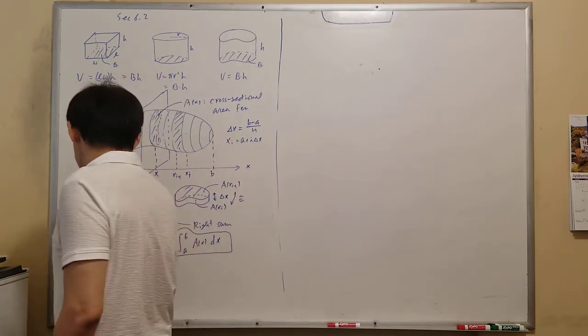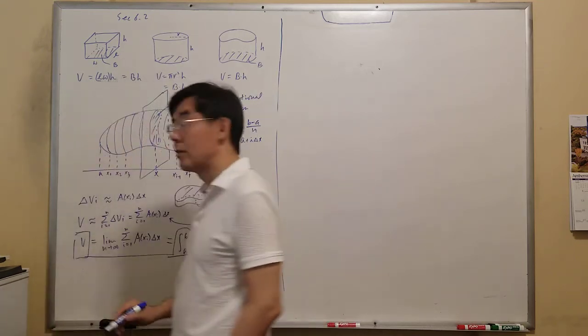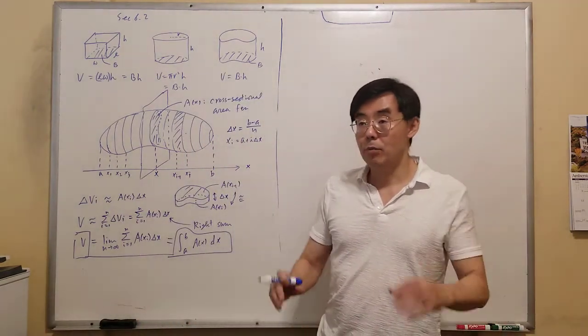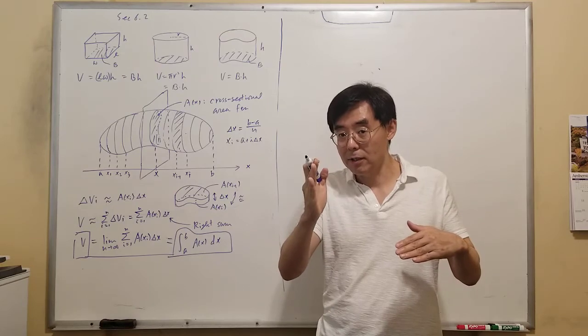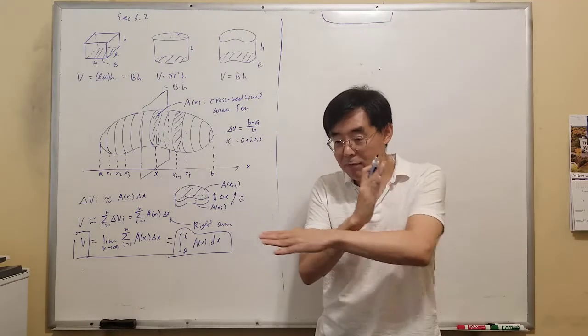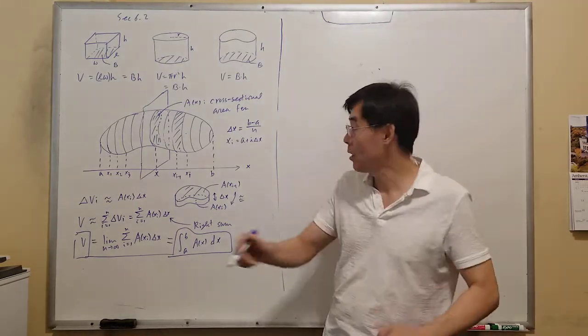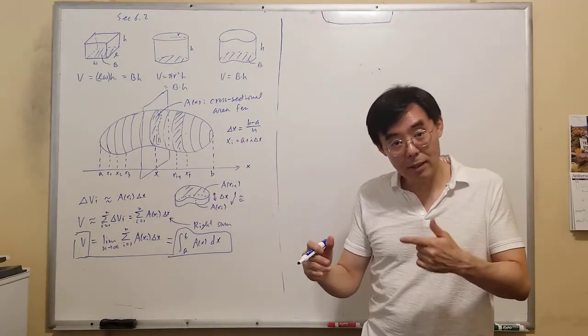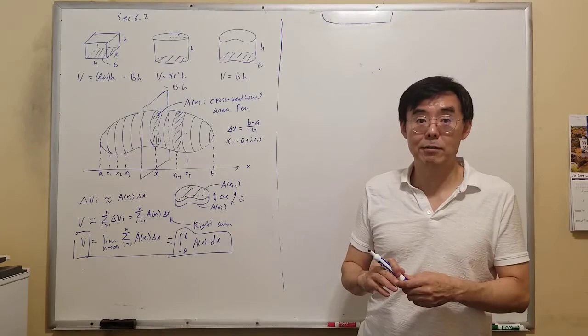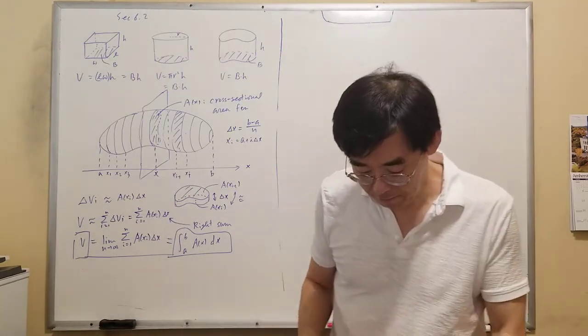So, bottom line is this. When you have a solid, and if you know the cross-sectional area function, perpendicular to the given x-axis, then the volume of the object is the integral of the cross-sectional area function. Okay?